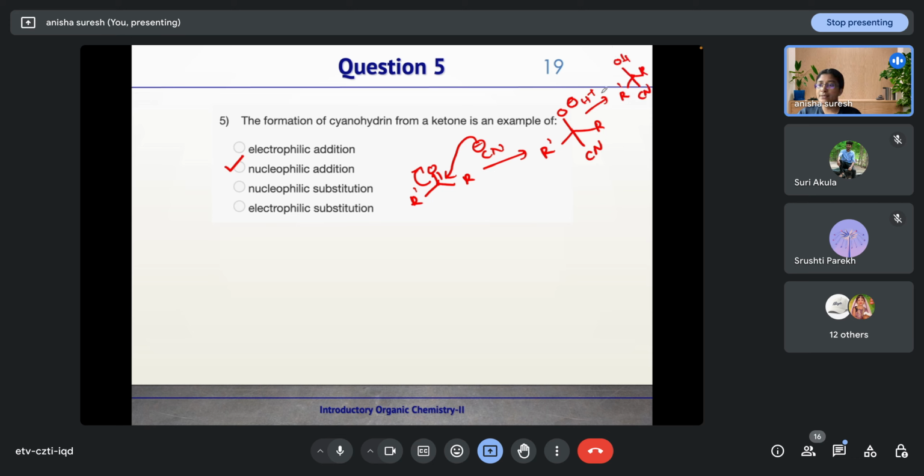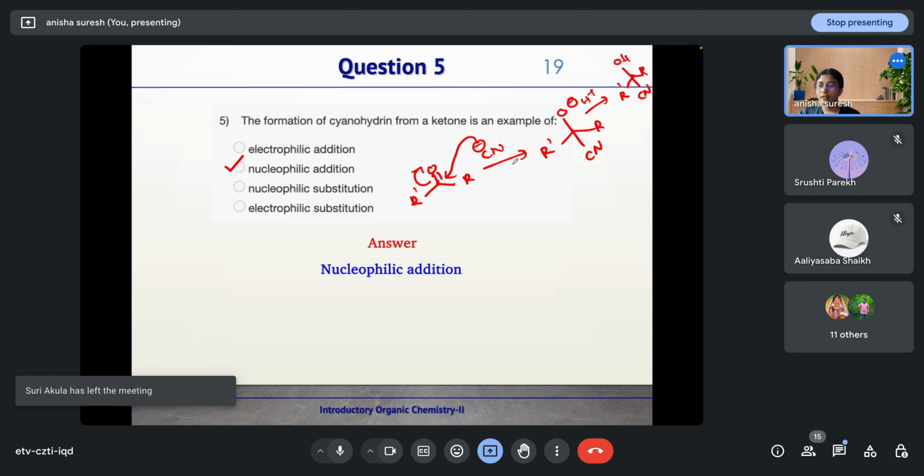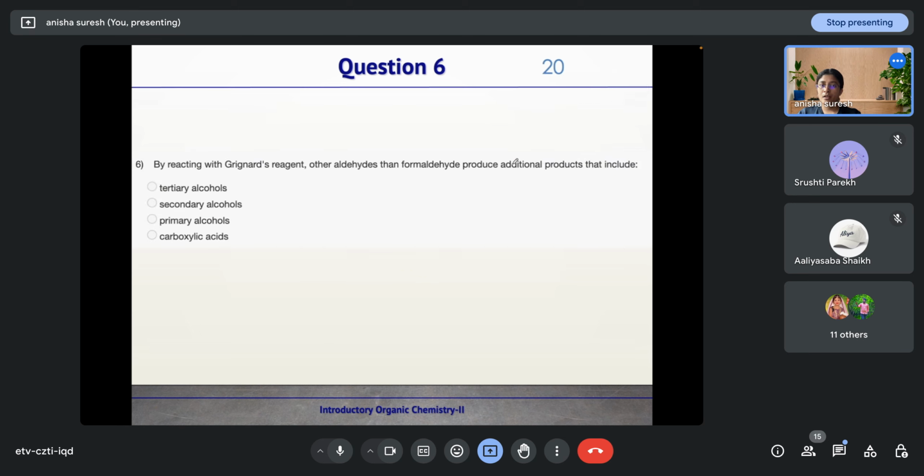So this compound is known as cyanohydrin. So this is an example of nucleophilic addition. Clear, right? Now coming to the next question.